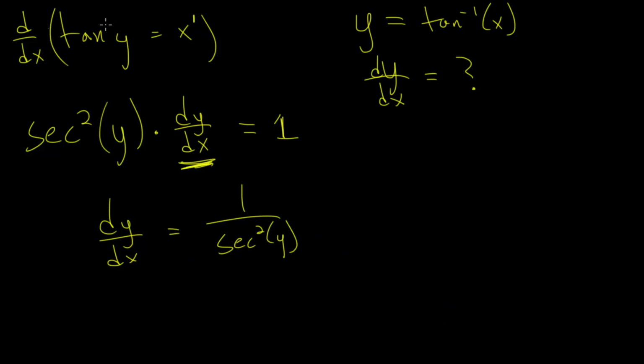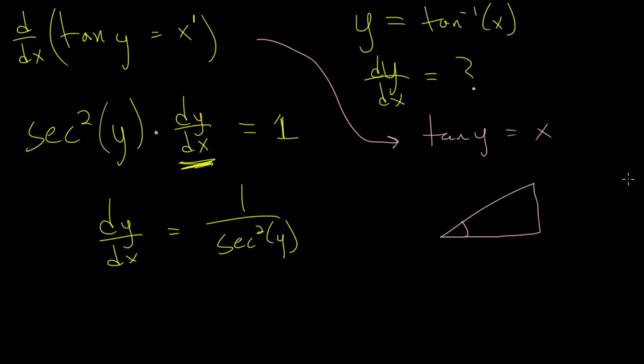But remember, with trig functions, you can draw triangles. From this equation here, this tangent of y is equal to x, we can draw a right triangle and use the properties of trigonometry. It looks like because y is the input of the tangent, that's our angle. Whatever the input of the trig functions are, not the inverse, but the regular trig functions, that's the angle we're dealing with.